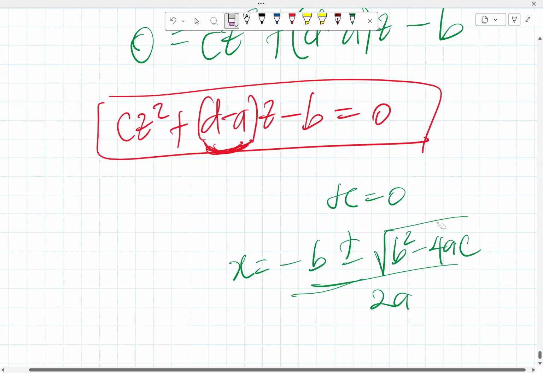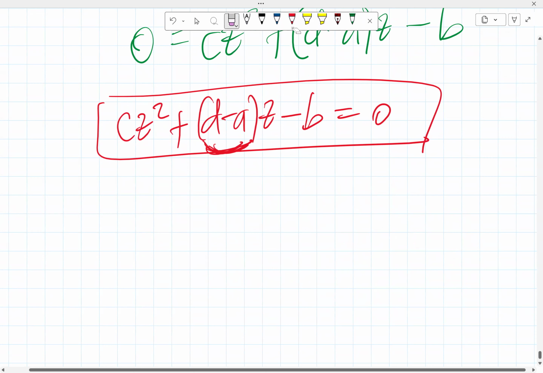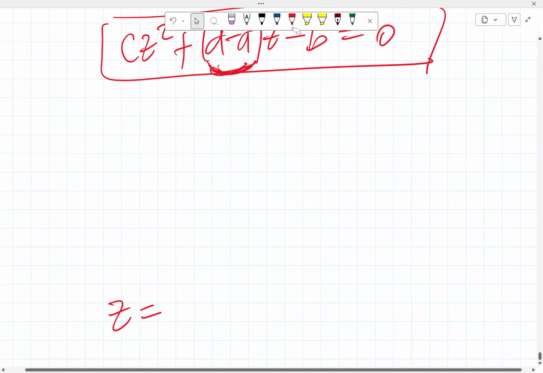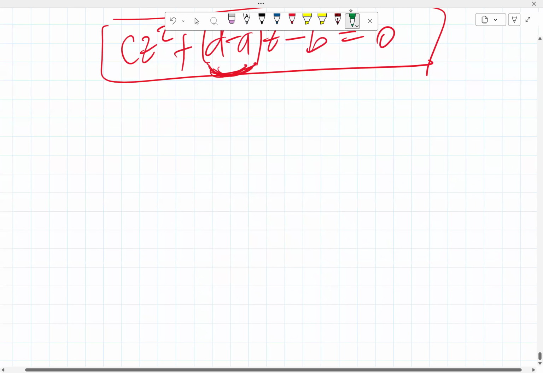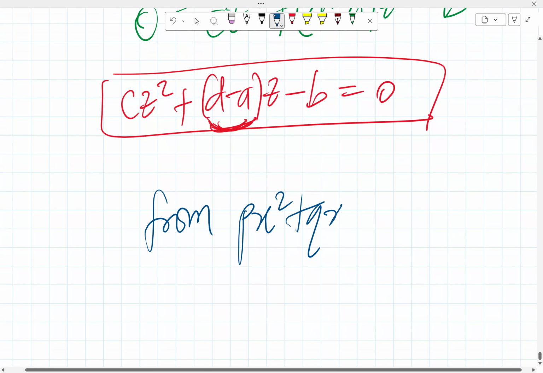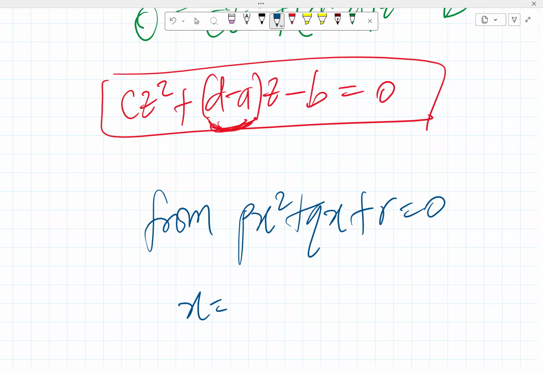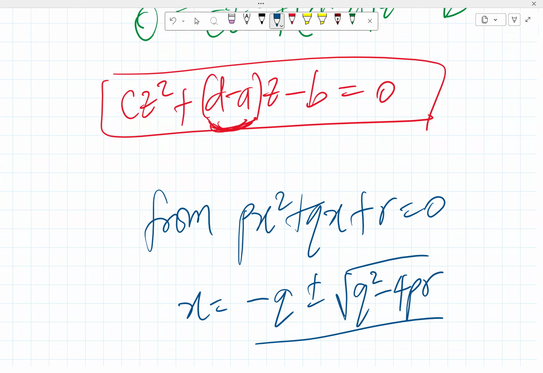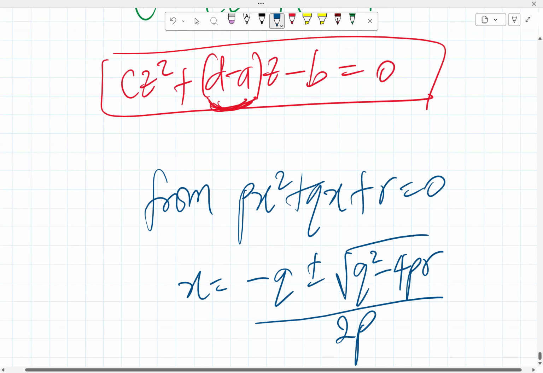I think pqr makes sense here, to avoid repetition and confusion. So from px squared plus qx plus r equals 0, I think this is better, x can be given as minus q plus or minus the square root of q squared minus 4pr all over 2p.